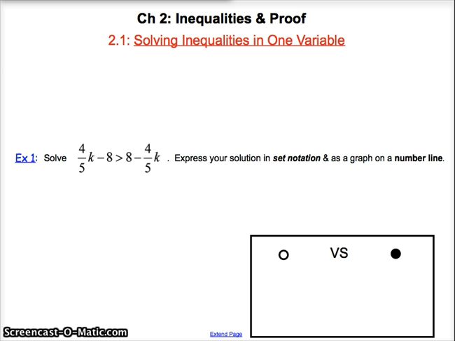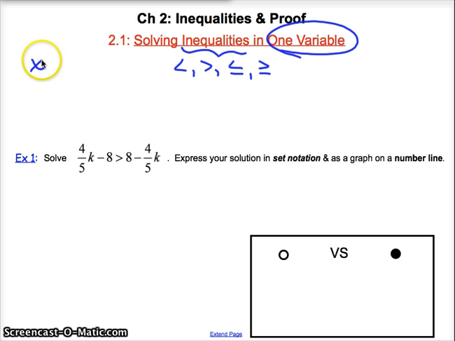Okay, let's get into section 2.1. We are ready to solve inequalities in one variable. You know what an inequality is. You know the symbols to look for that would represent an inequality. One variable means we only have one letter in the expression. So you could have x is less than 2. You could have 3x minus 5 is greater than or equal to 8.